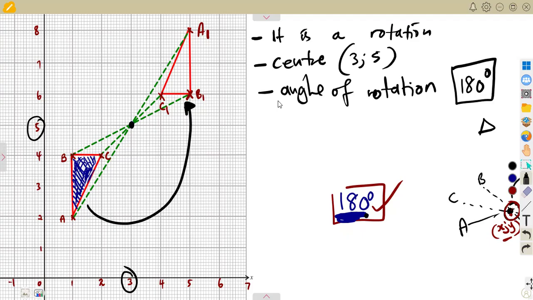It is the same thing even for a rotation. They are going to ask us to draw the images given the object, given that it's a rotation, and also the center and the angle. So it is best that we cover that part in terms of the matrix method, the part of our matrices.